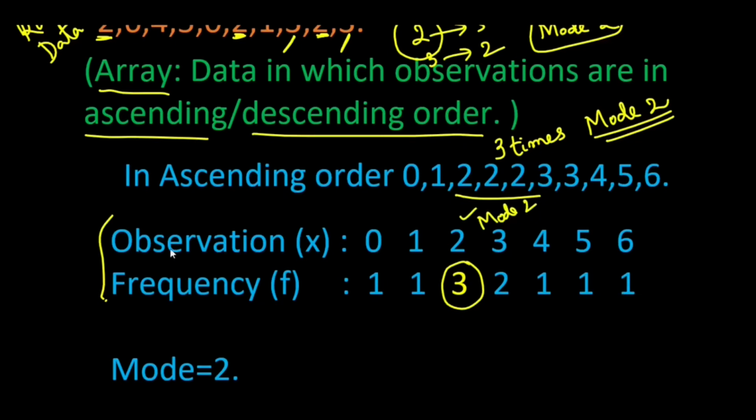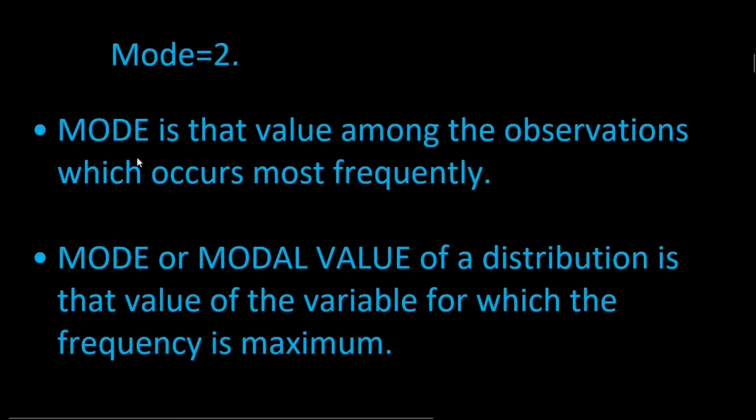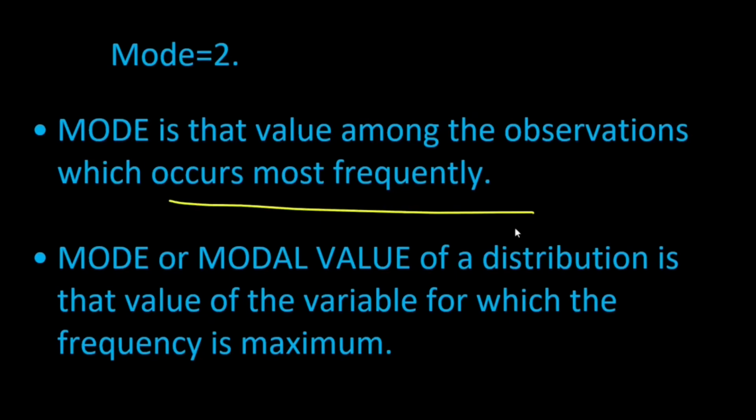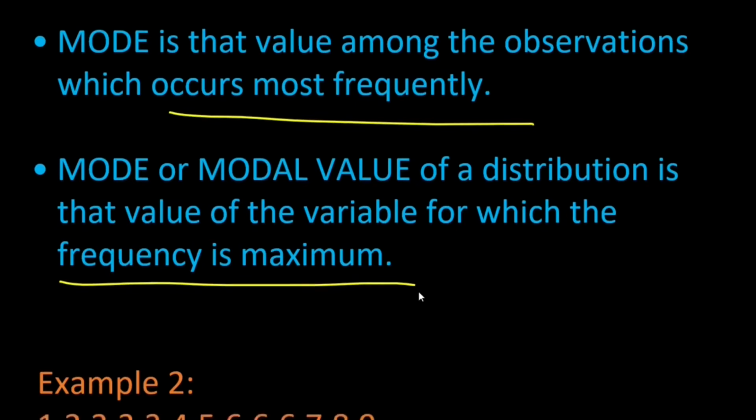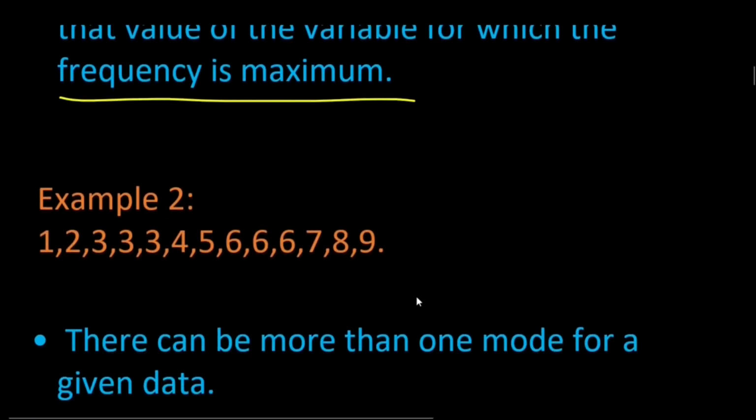So it is very easy to identify mode in a frequency table. Mode is that value among the observations which occurs most frequently. In a distribution table, the mode or modal value of a distribution is that value of the variable for which the frequency is maximum.